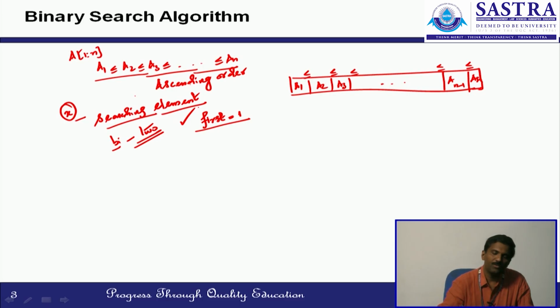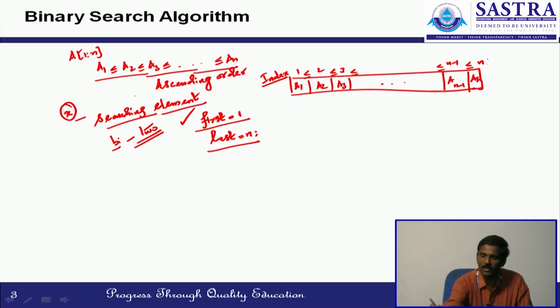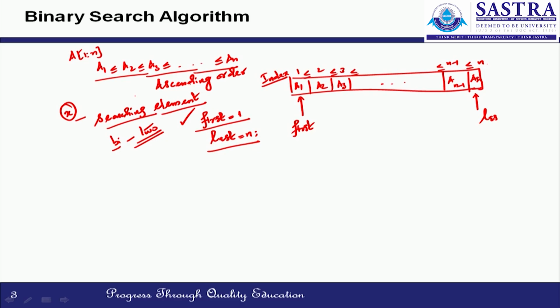So set first equal to 1 and the variable last is set to n. That means these are the indices 1, 2, 3, n minus 1, n. The variable first is initially pointing to the first index and the variable last is pointing to the last index in the array.